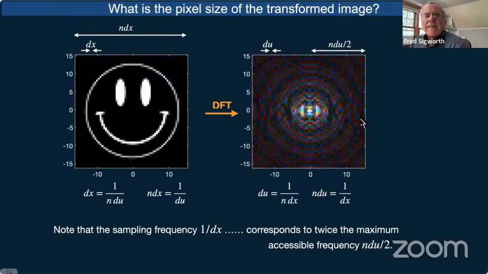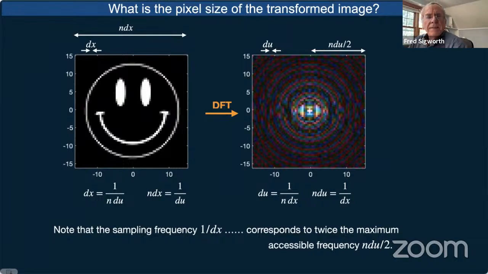And this is a representation of the all-important sampling theorem that says that the highest frequency that you can recover from a sampled image is half of the sampling frequency.